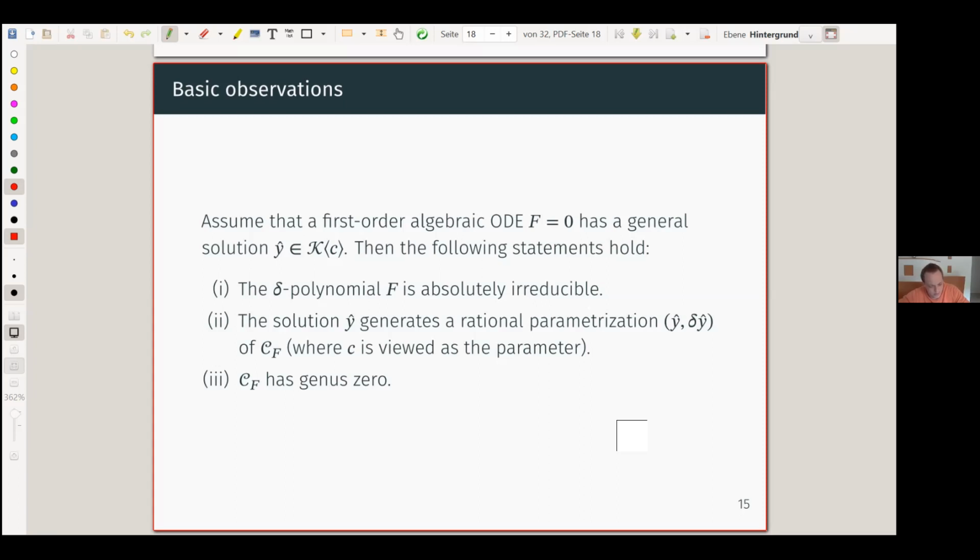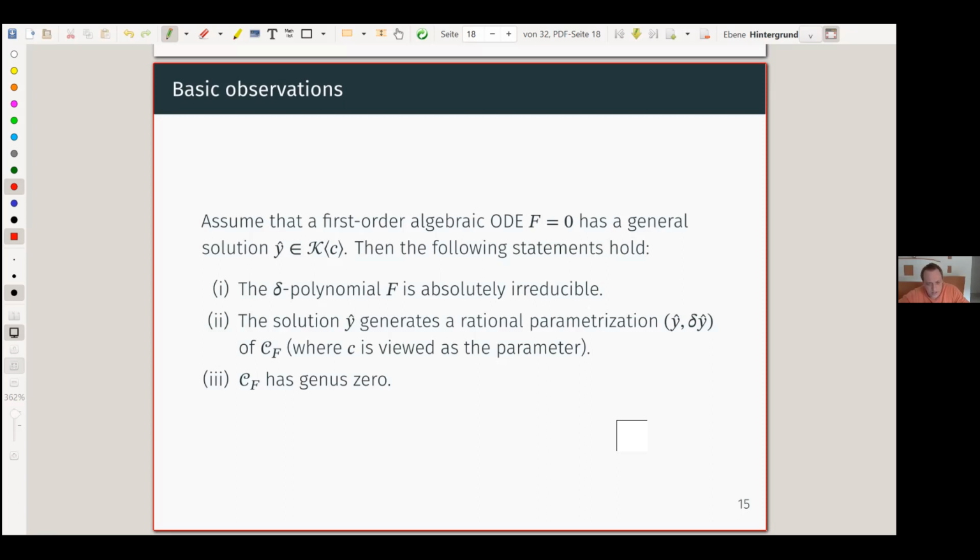Now this follows since in this case, this differential function field will be just a purely transcendental extension of k, which means a regular extension. And by methods of field theory, we know then that f must be absolutely irreducible.